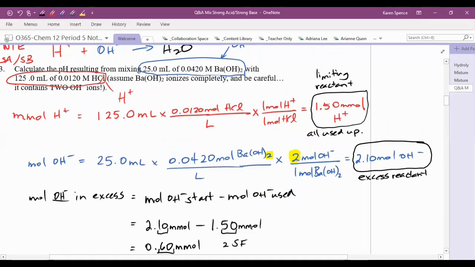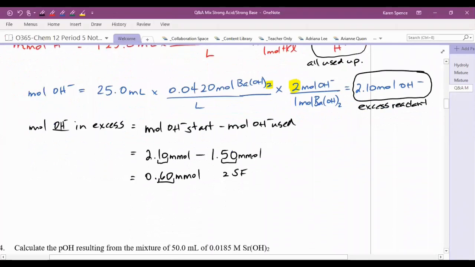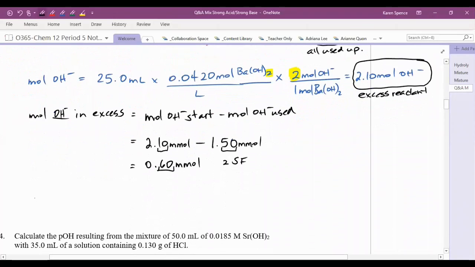Finally, calculate the pH. In order to find pH, we need the concentration of OH minus. That's going to be 0.60 millimoles.